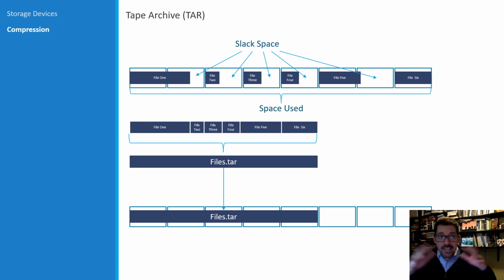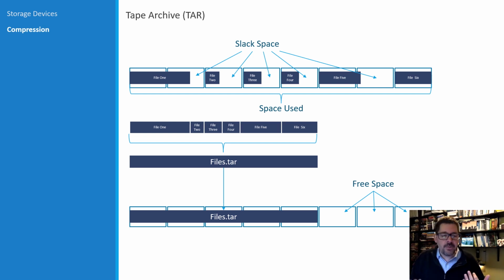There's a lot of slack space that's not being used, but there's no usable space left in that hard drive. But once I run the tar command to make one contiguous file that then gets stored on that hard drive across 6 blocks instead of 7 or 8, now I've got 3 blocks free to write more files. So it's a way that you can make more efficient use of space.